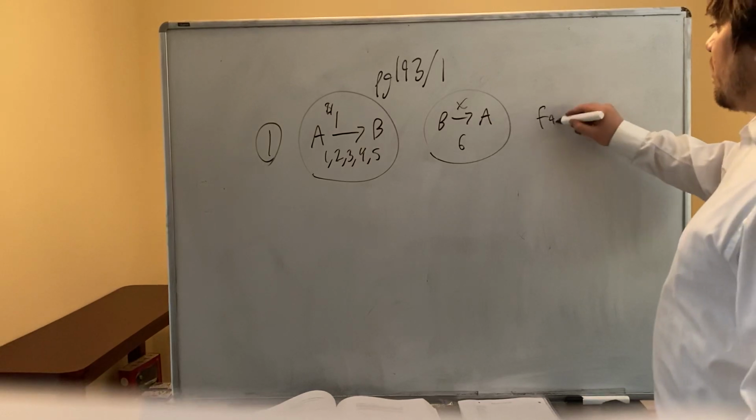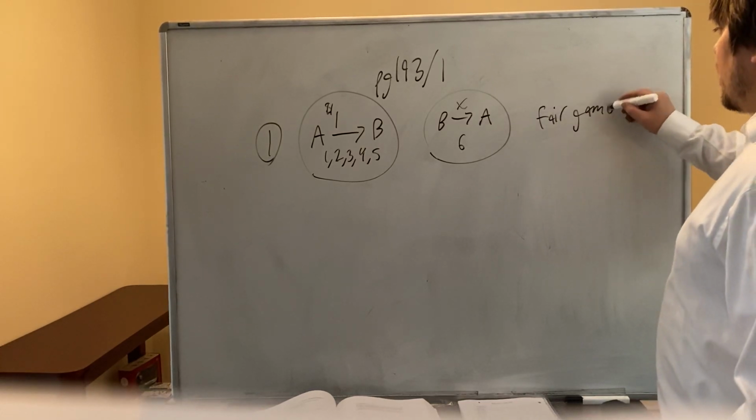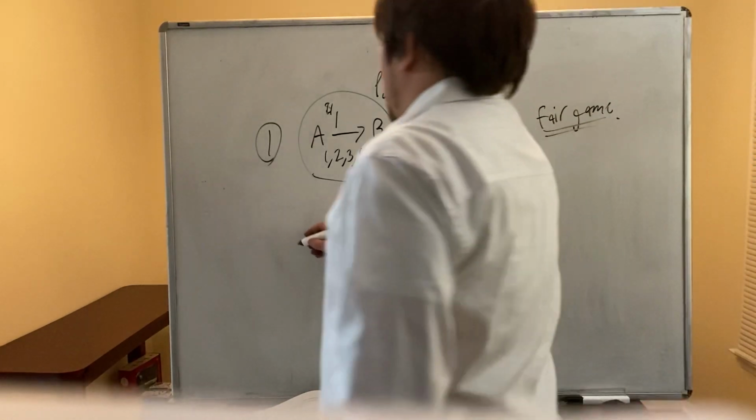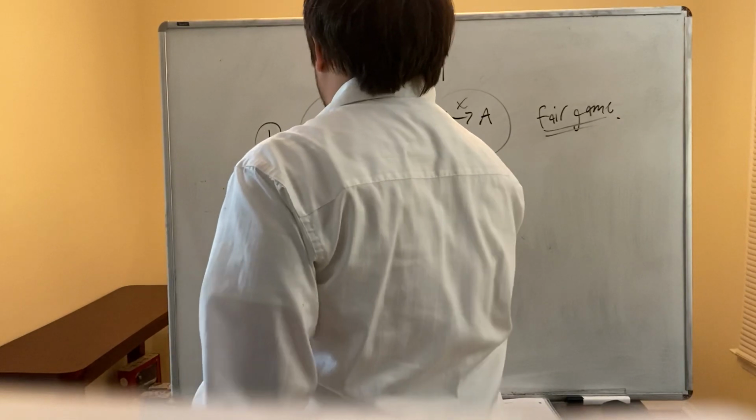We want this to be a fair game. What a fair game means is that the expected value is 0. So 0 is equal to the expected value.